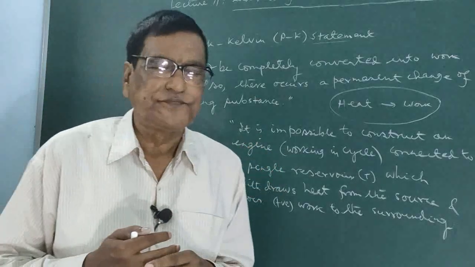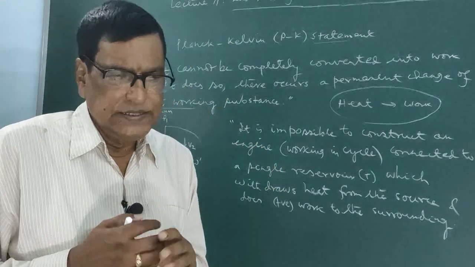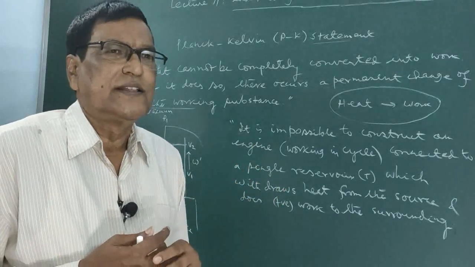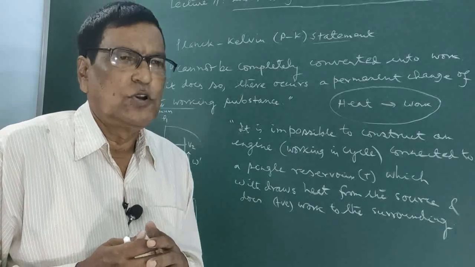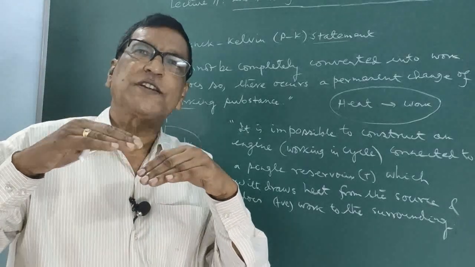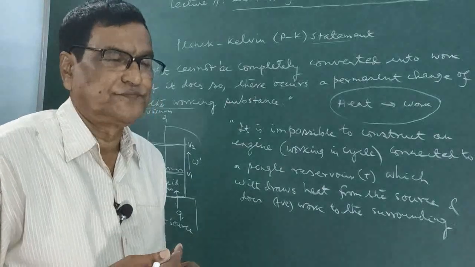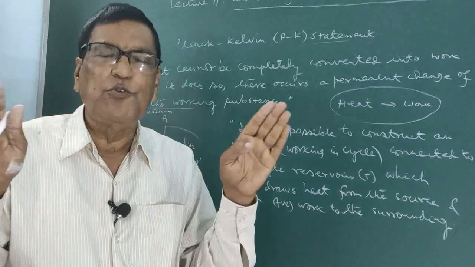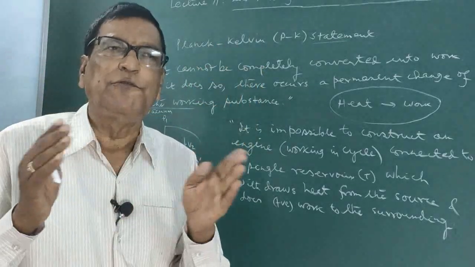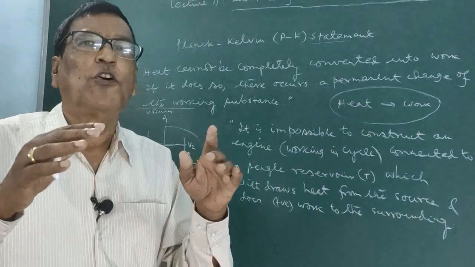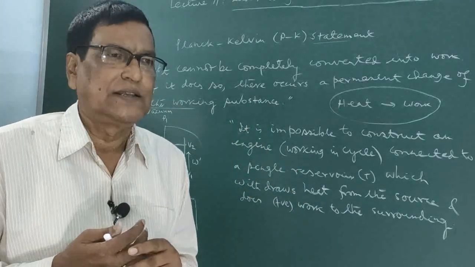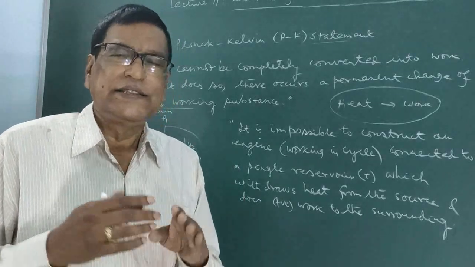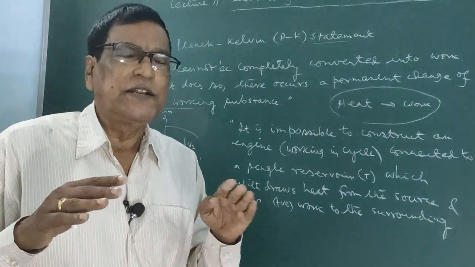So naturally, the scientists, as I have told already, are very imaginative. When the perpetual motion machine of the first kind failed, as no engine will give you work for an indefinite period of time if we do not supply any form of energy to that engine, and that was rejected by the first law of thermodynamics, then scientists imagined a second way.